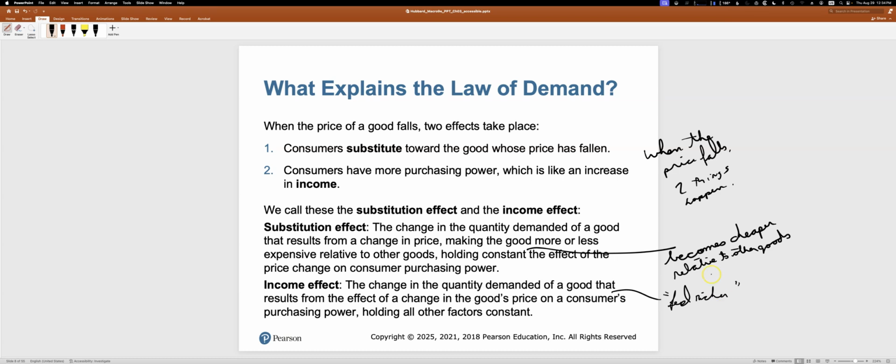And what we would generally say here is that as the price falls, people are going to substitute towards the good, and they're going to feel richer, and thus buy more.